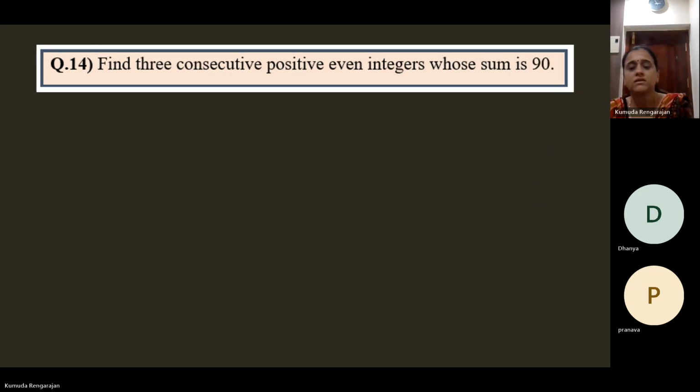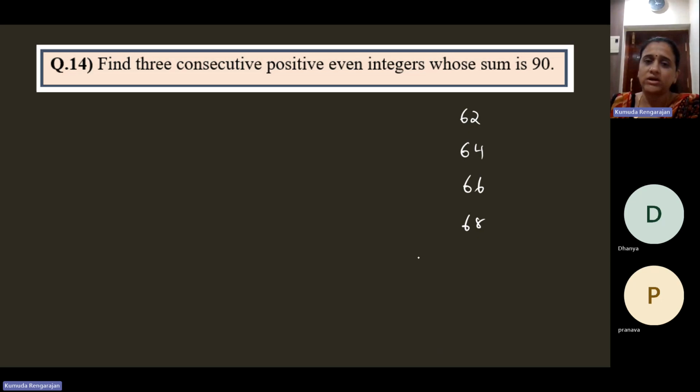The same assumption holds good for even numbers also. Now let's consider 62, 64, 66, 68. These are four consecutive even numbers. Consecutive are numbers that come one after the other. Positive means greater than 0. Even, we understand what even means. Integers, that also we understand.